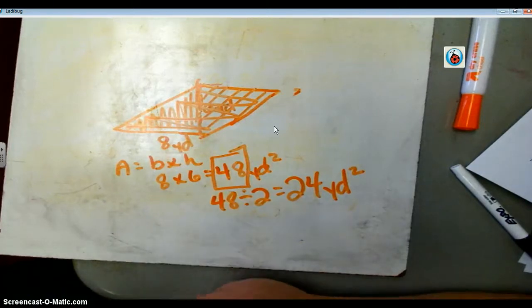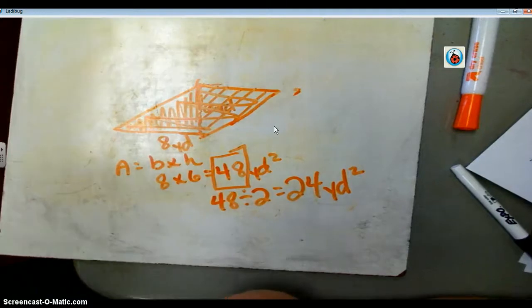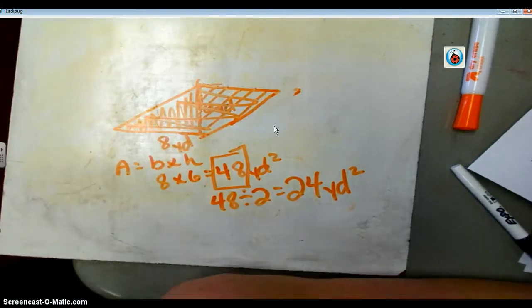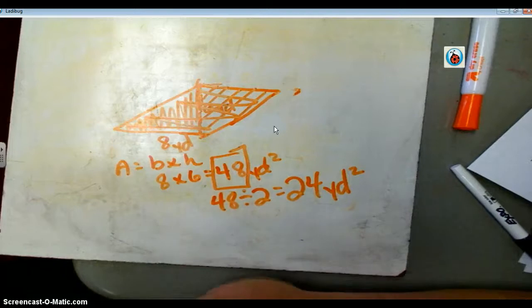Some of you are getting pretty close. Base times height is the whole parallelogram. I want less than the whole without telling you exactly what I want.